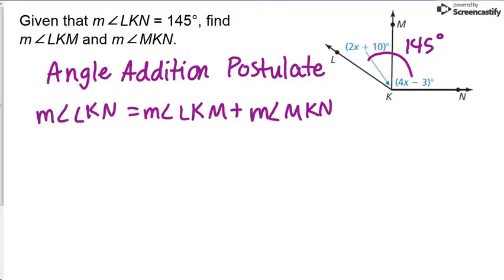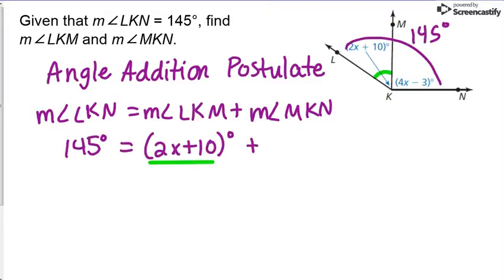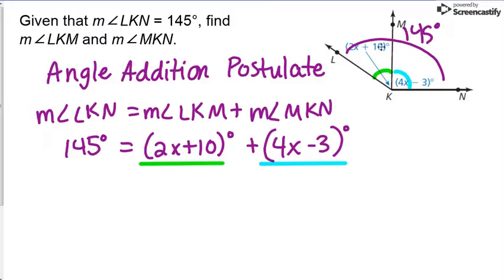So LKN is equal to the measure of angle LKM plus the measure of angle MKN. Now I'm going to plug in my information: 145 degrees equals 2x plus 10 for angle LKM, plus 4x minus 3 for MKN, which is right here in blue.